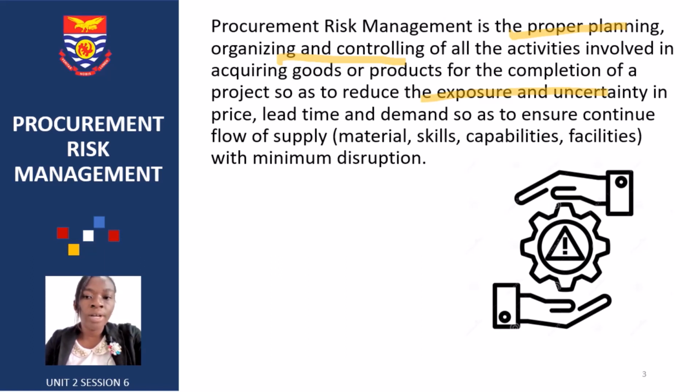Uncertainties, or things which we didn't really expect, especially in regards to price, lead time, and demand, which would affect the continuity of the project, especially the flow of supply, whether it is material, skills, capabilities, facilities, and all the other variables.